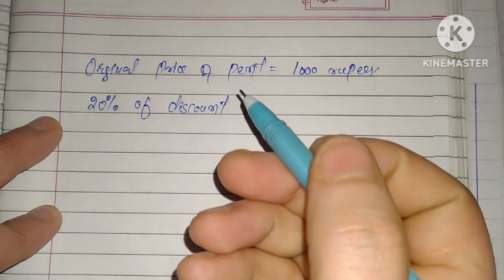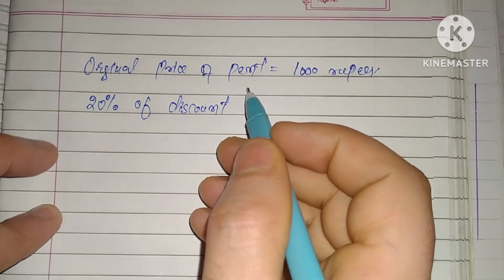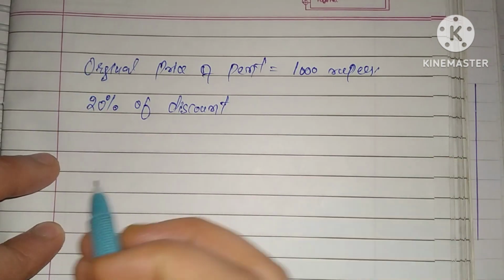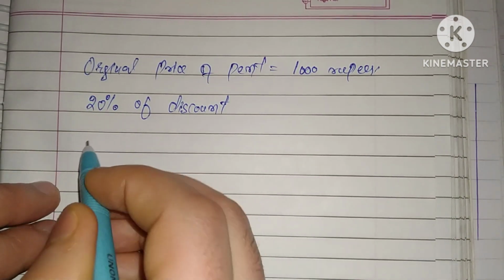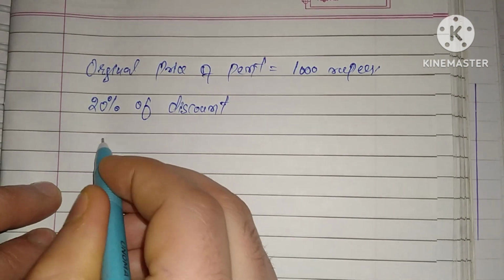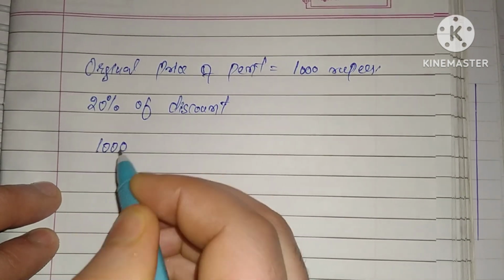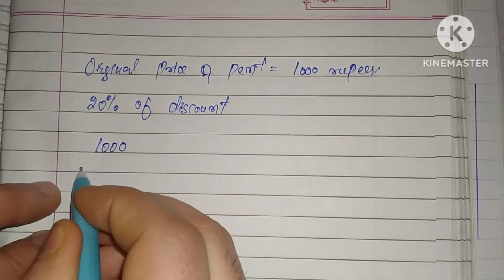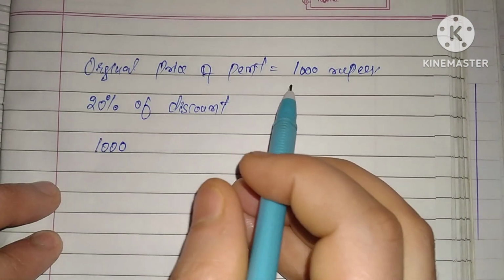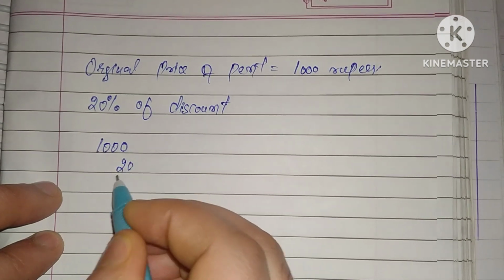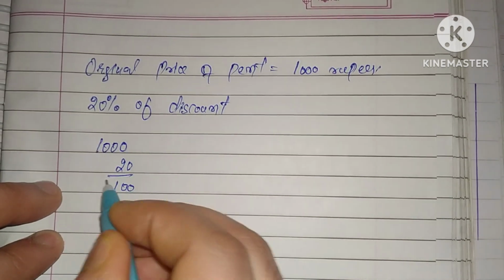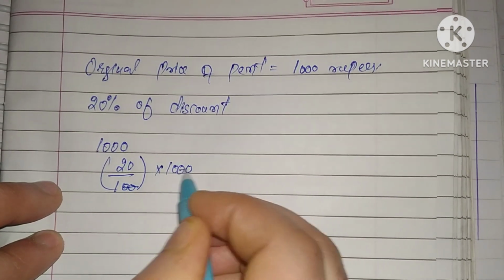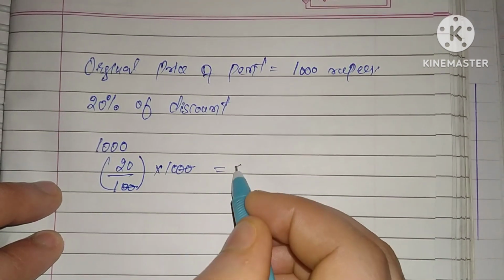Now what amount do you have to pay for the pant? That is the real example of the percentage decrement. In the conventional method, the original price is 1000 and you have to decrease it by 20%. You calculate 20% of 1000, that will be 200 rupees.